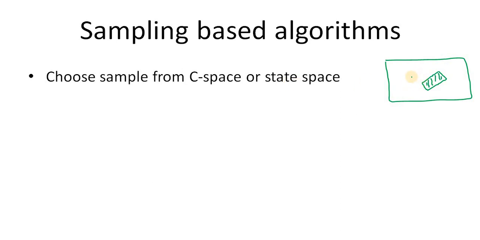The first step says to choose a sample. The sample can be random or deterministic. So let's choose a sample randomly. We choose a point here. This is our sample S1.